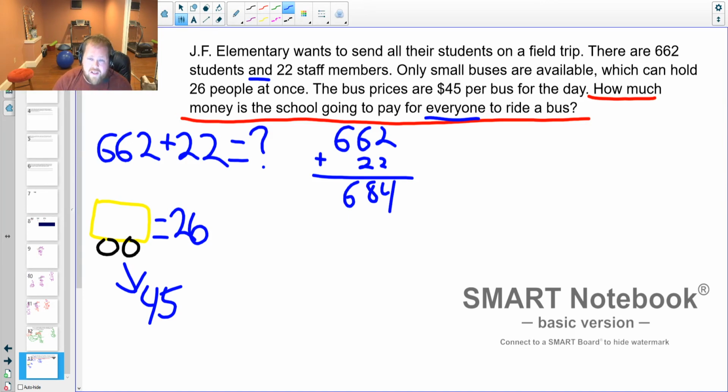So we know that there's 684 people that are going on this trip. Now we need to find how many buses by dividing this number by 26. So let's do that right now. Okay?